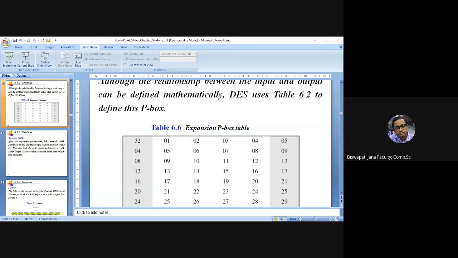So your bits will be changed a lot, and you cannot recognize or understand any relation between the plaintext and ciphertext. So this is basically DES, and you have to remember it in your mind and write it in the exam also.